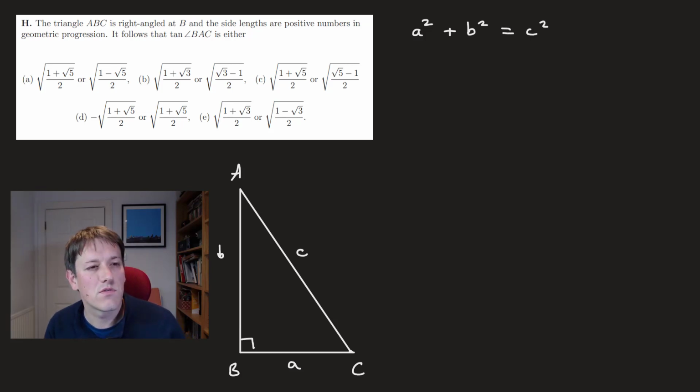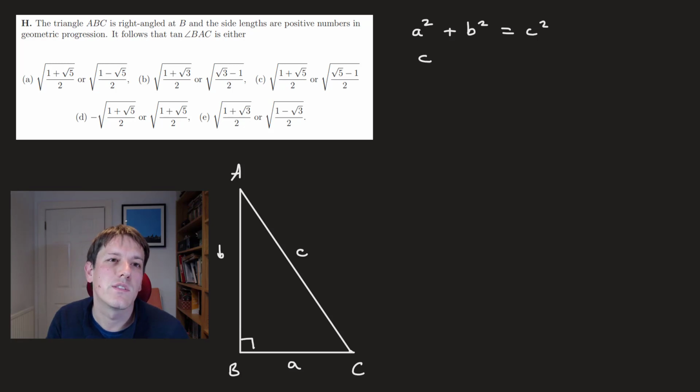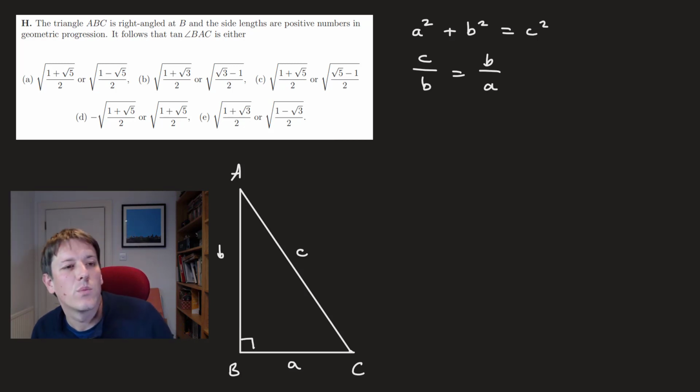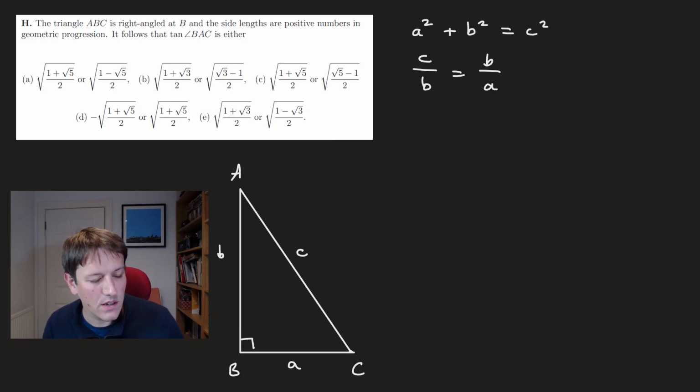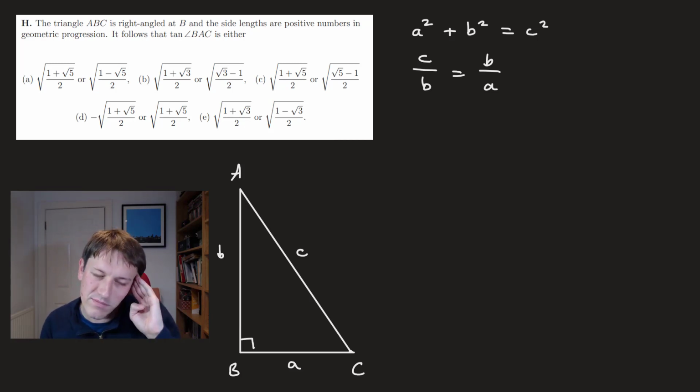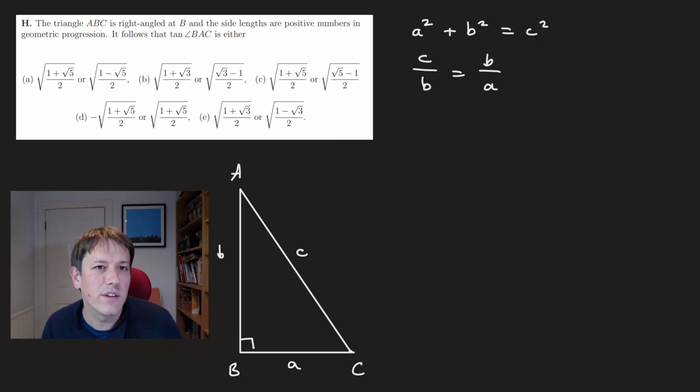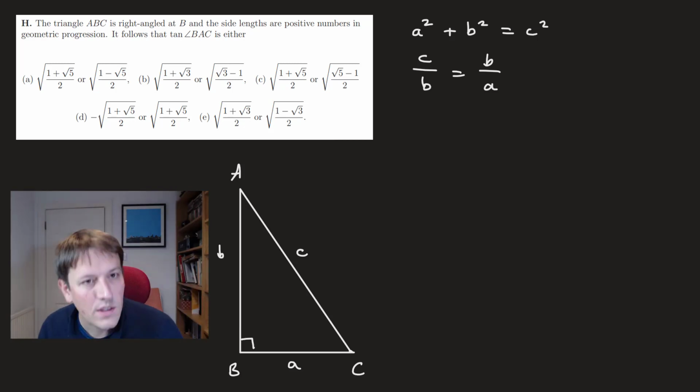And because the sides are in geometric progression, we know there's a common ratio c over b, which is the same as the ratio b over a, where here I'm assuming for a second that a is the shortest side, b is the middle, and c is the longest side. And we'll think about if it's the other way around as well in a second, but that's good for now.